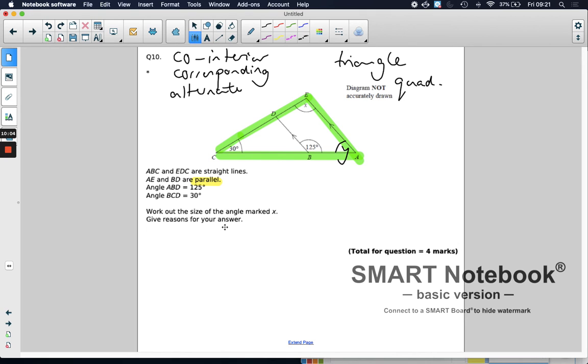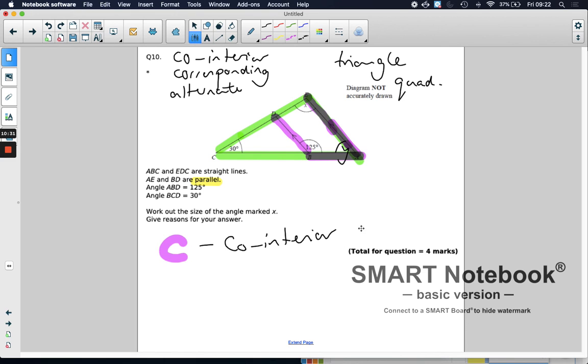So let's think about how I could find y. Now y sits within my parallel lines. I've got a parallel line there, and a parallel line there, and this bit that joins them. That looks a bit like a C. That is co-interior.